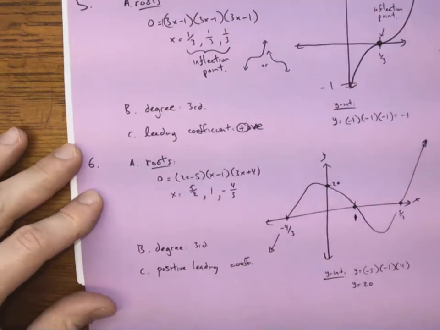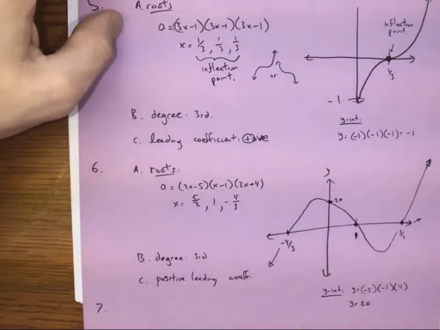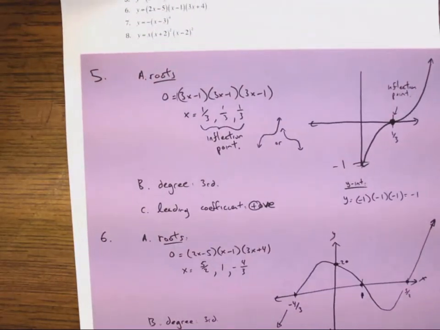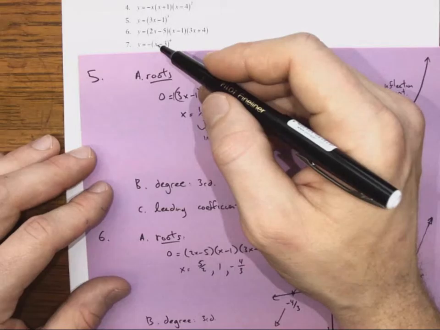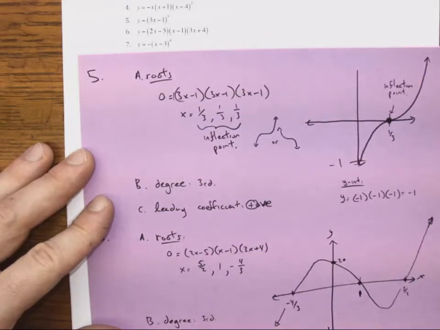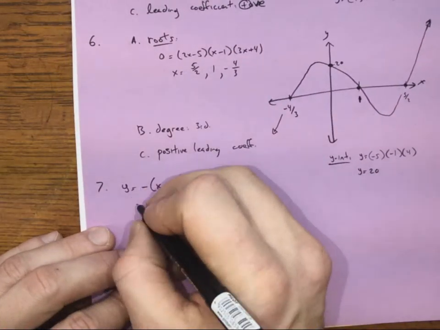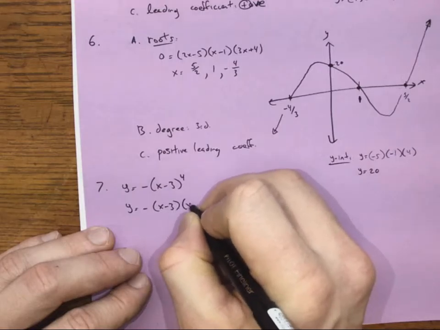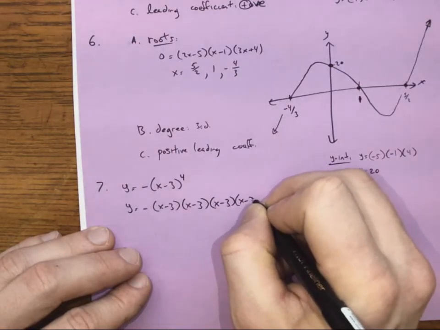Moving on to question 7. All right, so question 7 says, y is equal to negative x minus 3, all raised to exponent 4. And that's to say that y is equal to negative x minus 3 times x minus 3 times x minus 3 times x minus 3.